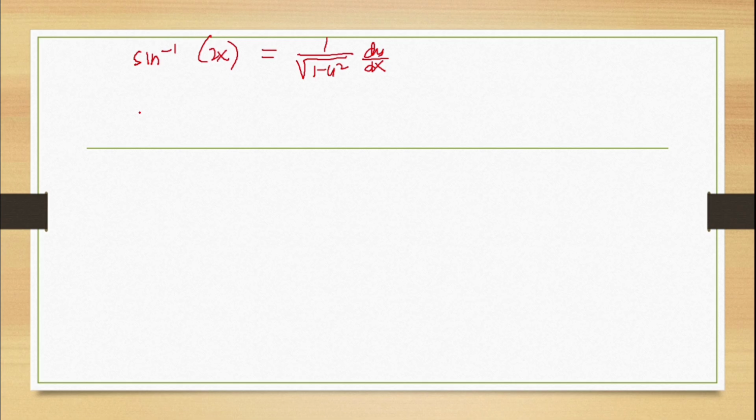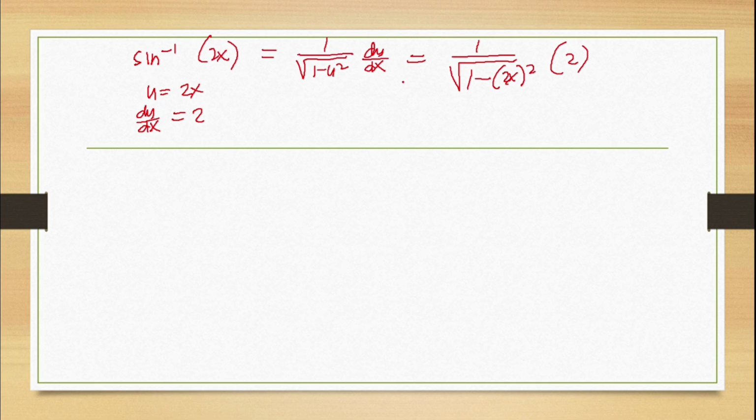So now we get the u here, which is 2x, du over dx is equal to 2. So by substitution, we have 1 over the square root of 1 minus 2x squared times the derivative of u, du over dx, which is 2.